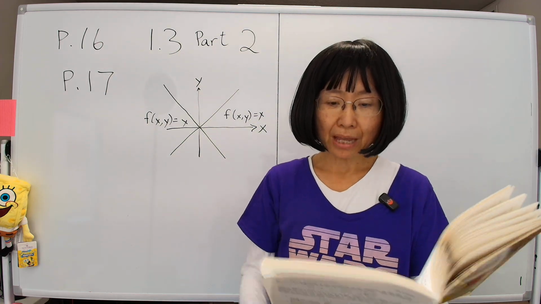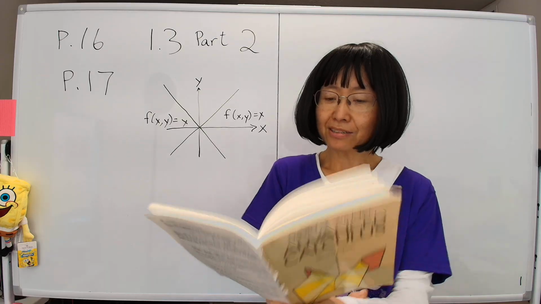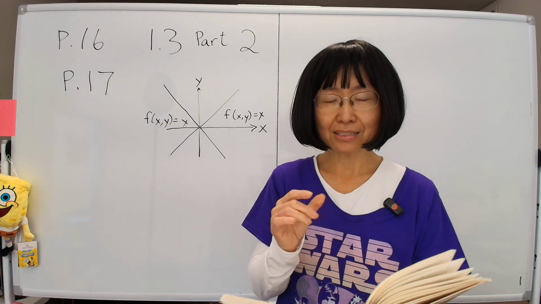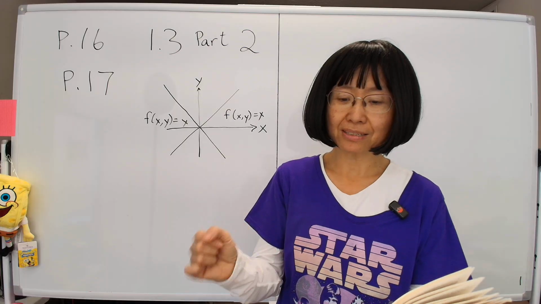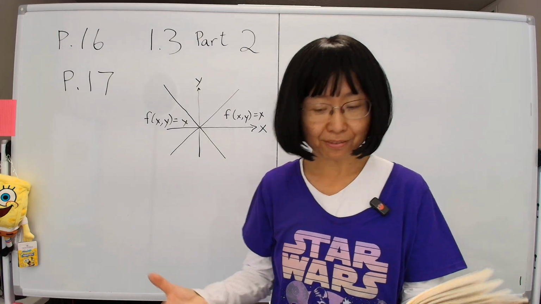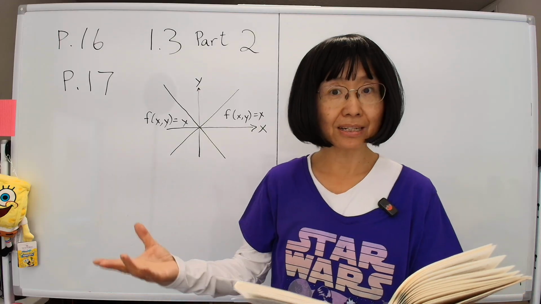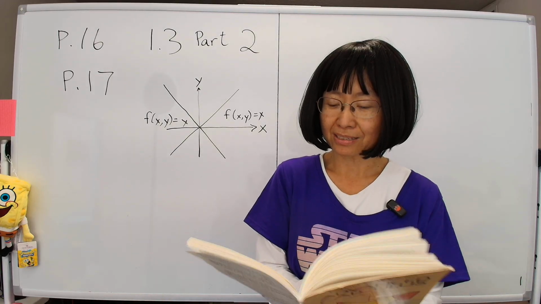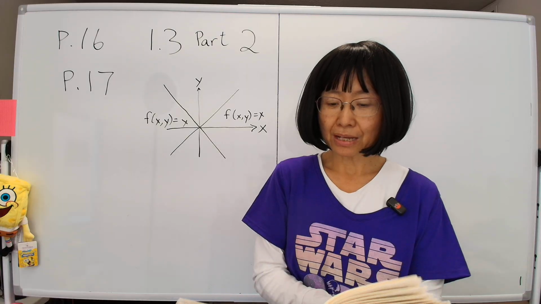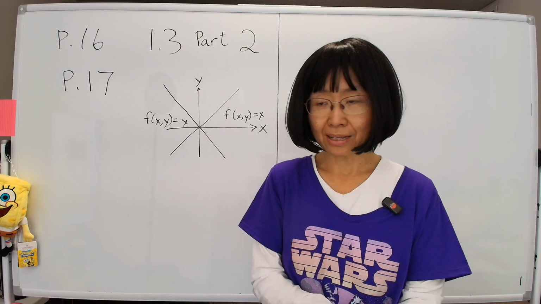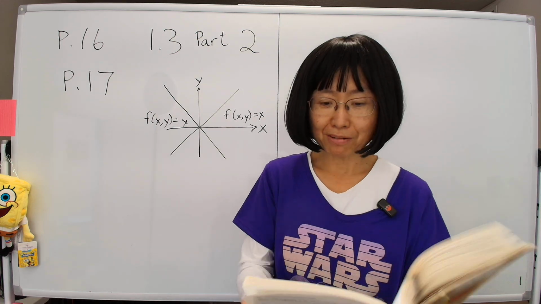Now, example H, we have an interesting situation where f of xy equals x when the absolute value of y is less than the absolute value of x, and it equals negative x when the other way is true about the absolute values of y and x. As a result, f1 at 0, 0 equals 1. I was wondering at first, why would that be the case?